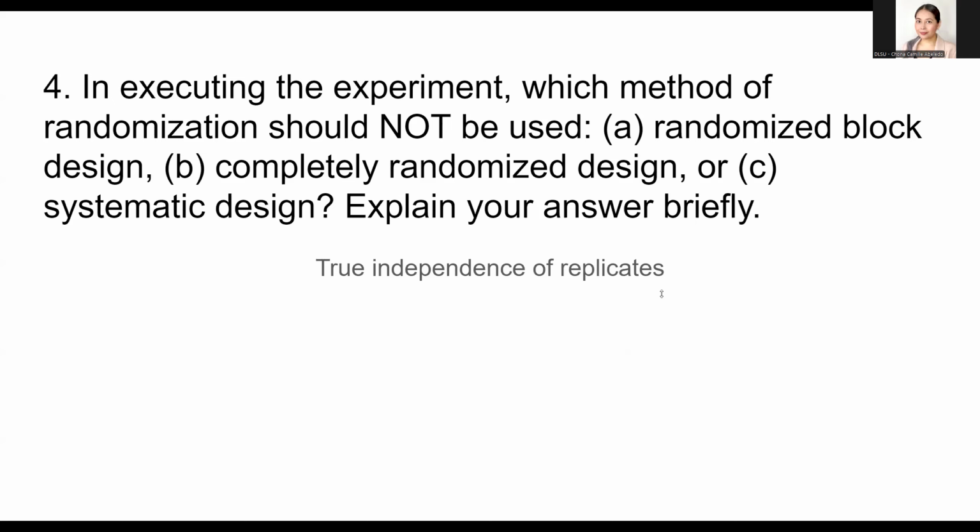Because since you already defined the order of your experiments, you can now 100% predict or guarantee what glassware will be used next. And this can lead to bias, to expectations that could affect the accuracy or the measurement of accuracy of your experiment. Okay?